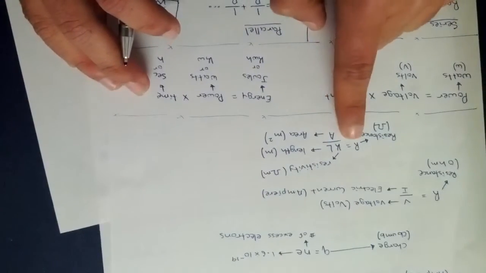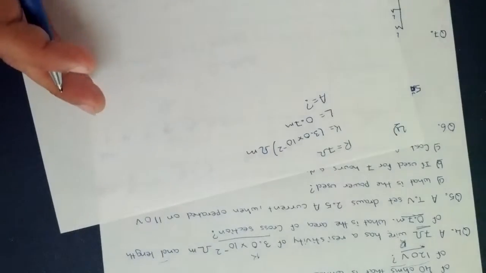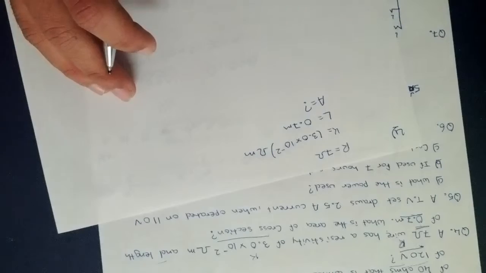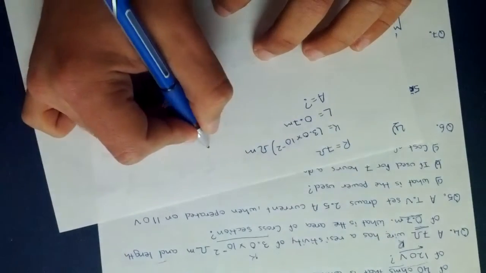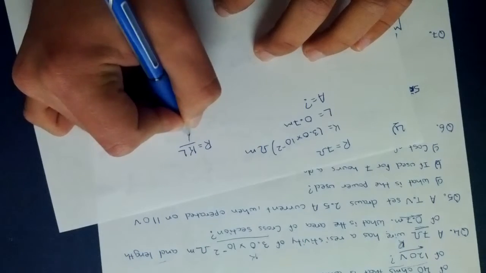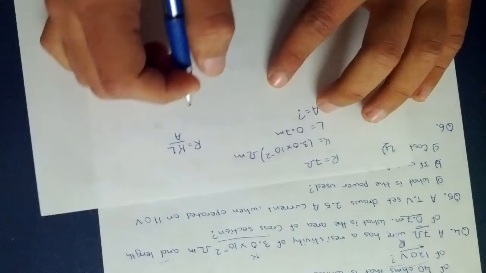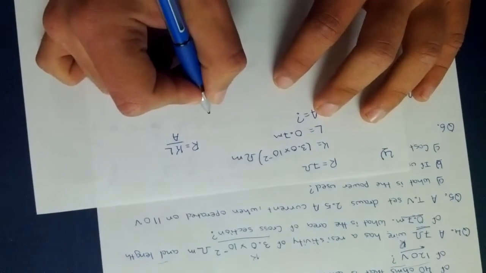So from our notes, we know we have to use R equals KL divided by A. So let's write that down. R equals KL divided by A. So now we can just substitute everything in.